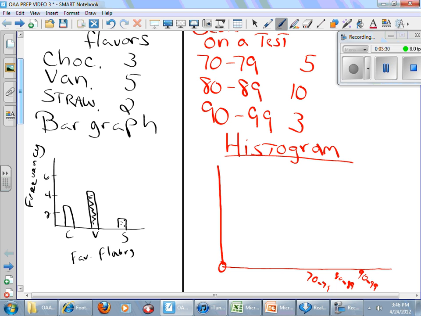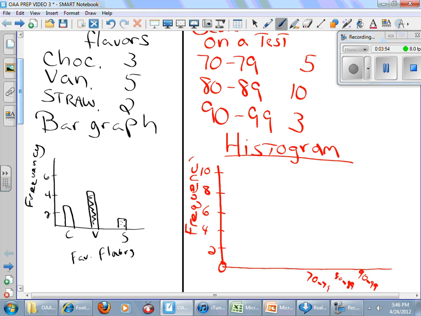And it looks like a 10, so I'm going to go 2, 4, 6, 8, 10. And again, this is the frequency, meaning how many members each range had.